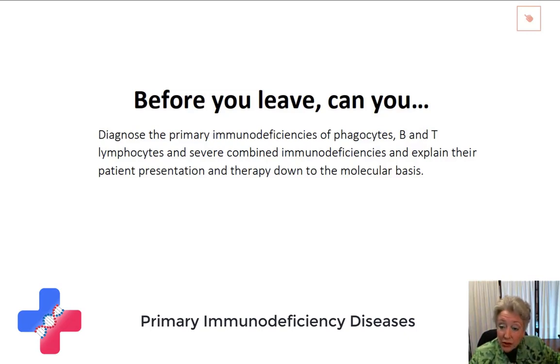But as always, my summary comment here is to make sure that you can diagnose these from the patient presentation as far as you can back toward the molecular details of how the process is occurring. And when we have a therapy that is available, make certain that you can explain the mechanism by which that therapy works.